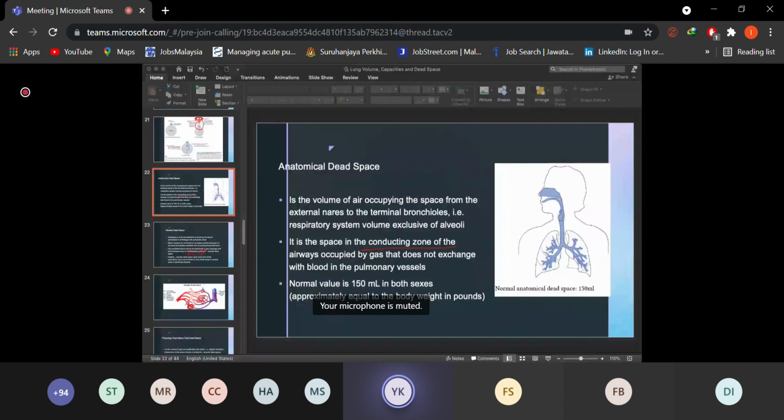If your anatomical dead space increases, but the volume of the air, when we use apparatus, is there any importance to decreasing the alveolar ventilation?